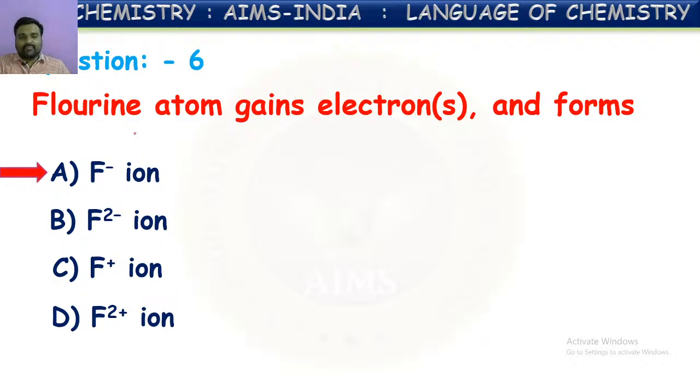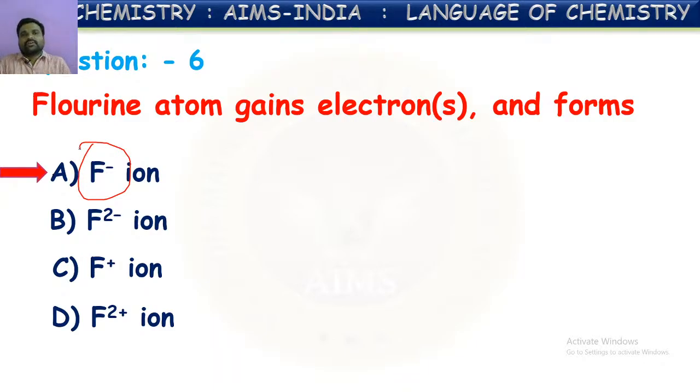Answer is F minus, because the fluorine atomic number is 9. It has 7 electrons in the valence shell, and by gaining one more electron, it can become more stable. So it is ready to take one electron, hence it forms a 1 minus ion or one negative charge, which we call fluoride anion or fluoride ion. F minus ion is formed by gaining one electron by fluorine.